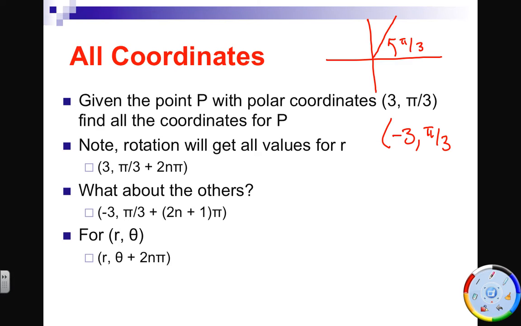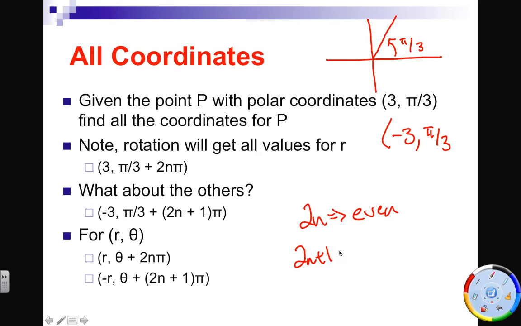In order to find all different coordinates, you would do (r, θ + 2nπ), and you would do the opposite of r and θ + (2n + 1)π. And by the way, 2n plus 1, if you are unfamiliar with this, 2n is all of our even numbers, and 2n plus 1 means odd.